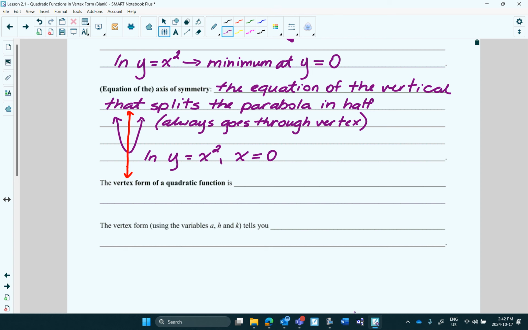We could have numbers in front. We could have numbers in parentheses with the x before we square it. We could have numbers at the end. In other words, it could look as complicated as this. There might be a number in front of the x squared.